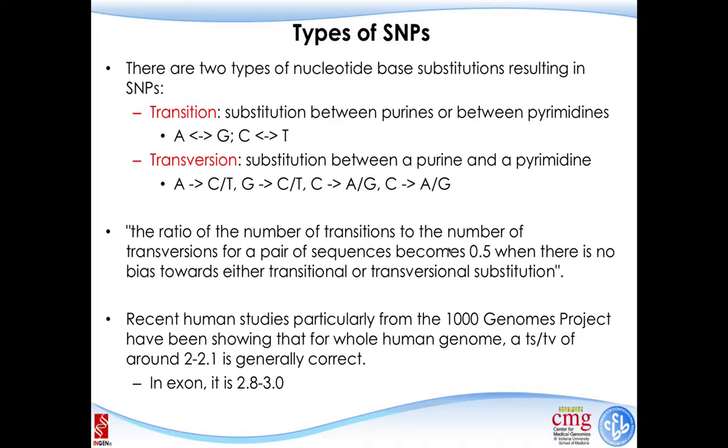If I see that the average transition-transversion ratio is 0.5, I will be very much concerned. Okay? So that actually becomes part of the quality control for next-generation sequencing data analysis.